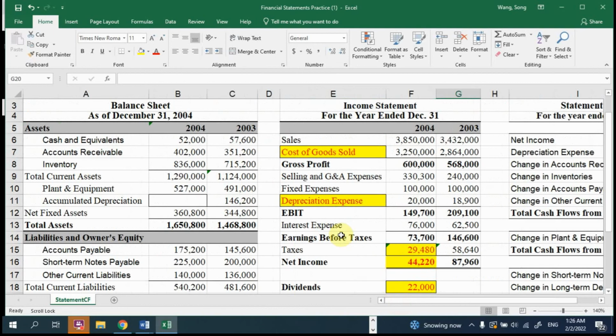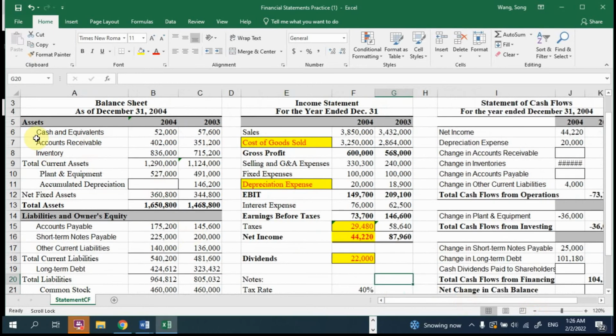All right, now let's look at the balance sheet. The balance sheet is made of assets on one side and liabilities and owner's equity on the other side. What I put here is the calculation of accumulated depreciation. As each year goes by, we're going to see a value deduction of our plant equipment, these fixed assets, and that value deduction again is called depreciation.